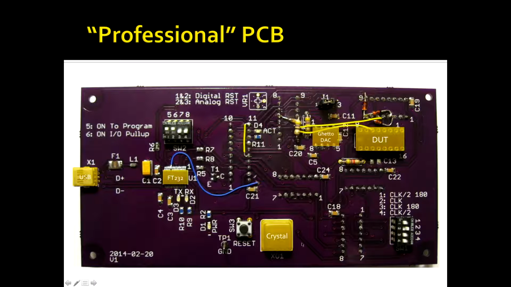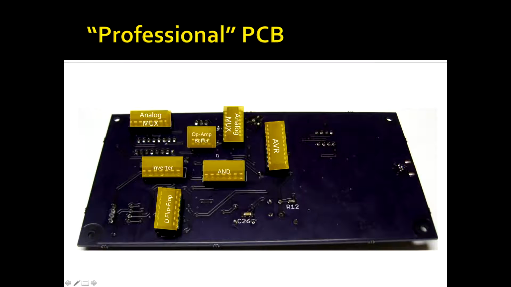And why it's not great for clock glitching is that there's a fixed crystal on there, so you only have a certain range of divisions you can do with that. It also, like the other board, uses the ghetto DAC, and this buffer simply strengthens the output drive current so that you can actually power the device up through this buffer, rather than having a weak 5, 10, 20 milliamp signal coming right off of one of these 74 series logic chips.